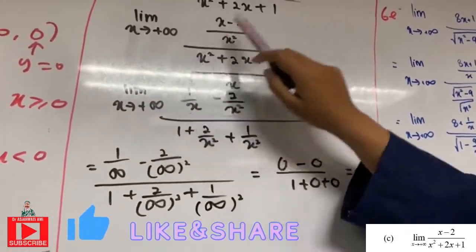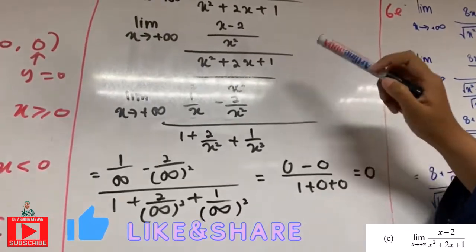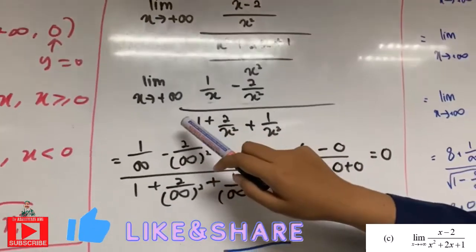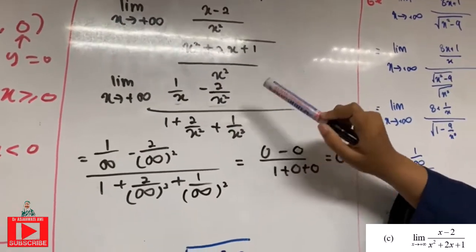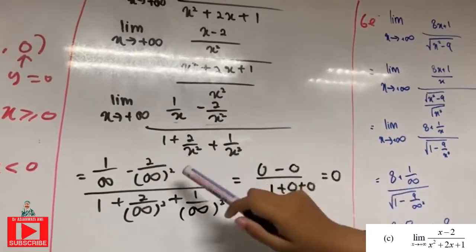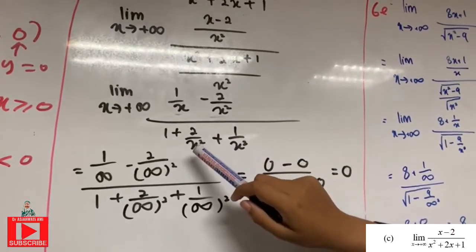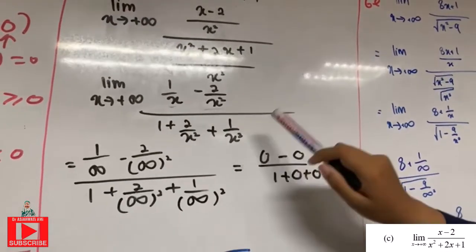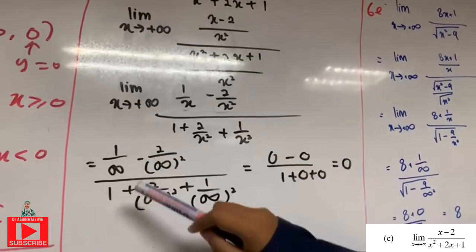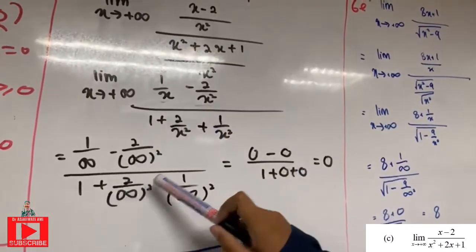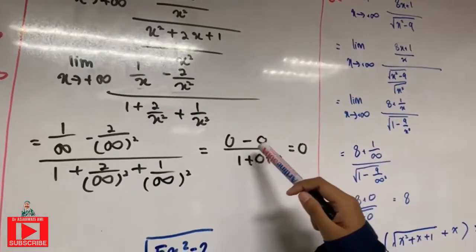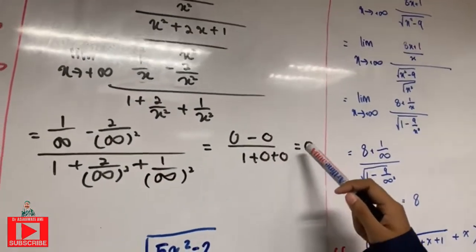So we simplify, and then we get the limit as x approaches positive infinity of 1 over x minus 2 over x squared, over 1 plus 2 over x squared plus 1 over x squared. And then we substitute the infinity into x, and we get 0 minus 0 over 1 plus 0 plus 0, equal to 0.